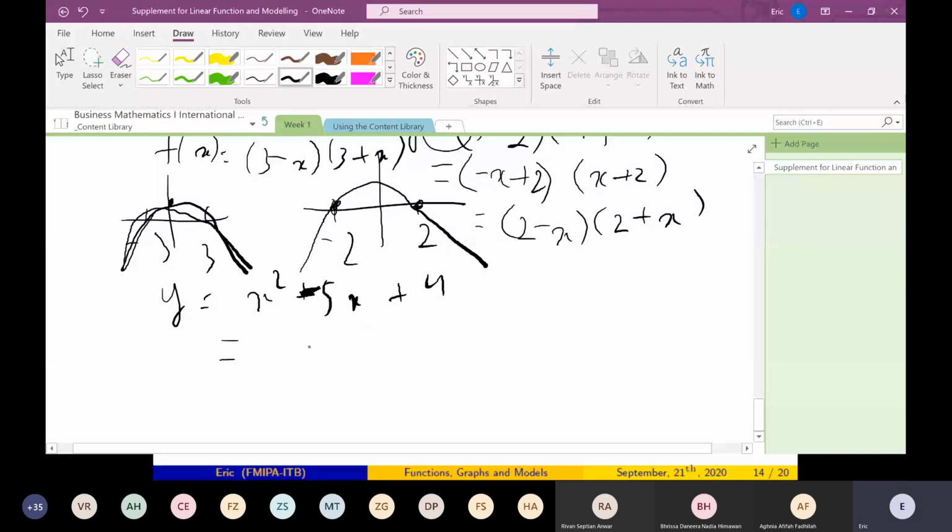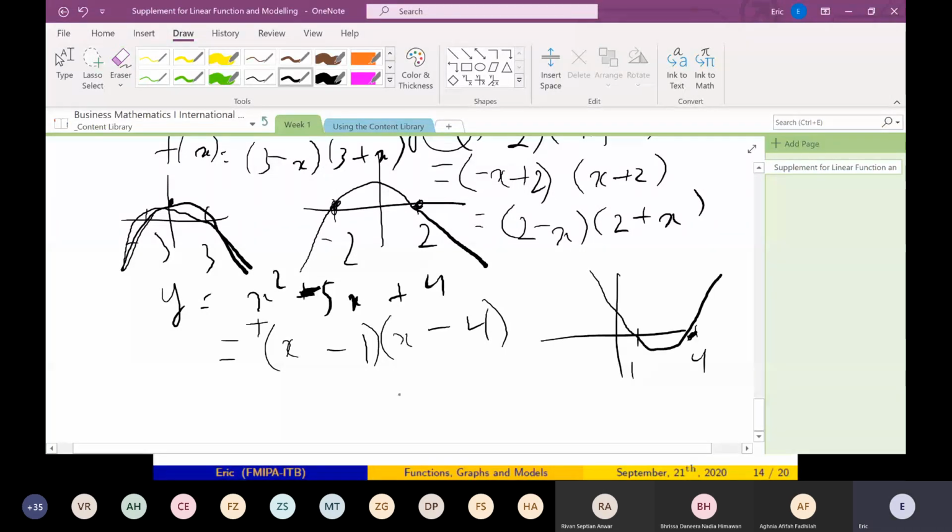Okay, I can do this. I can factor this out. Can I factor this out? 4, 1, minus. So I have 1, 4, this is plus. So the graph will be given by this.